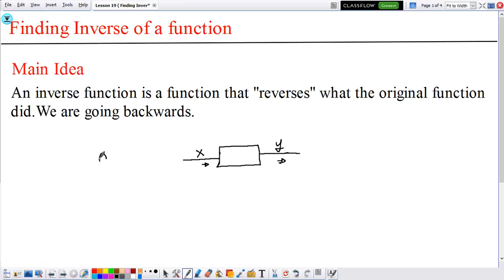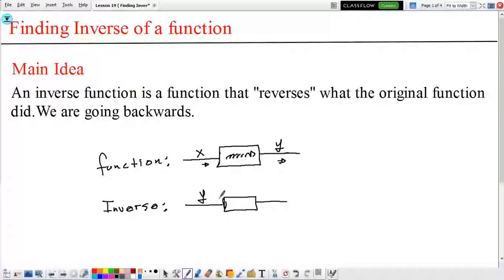So this is the original function, where for a function you place an x, then it does something to it, and then you get a y out. So now an inverse is the opposite.